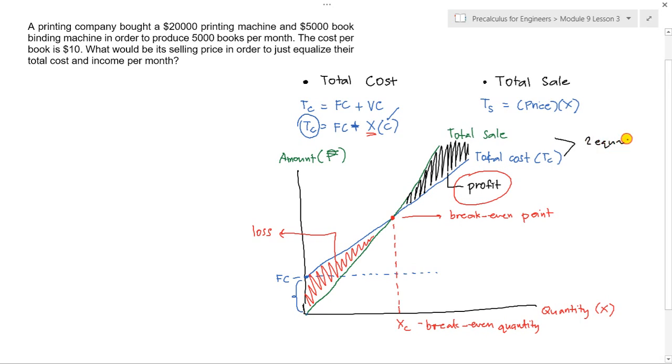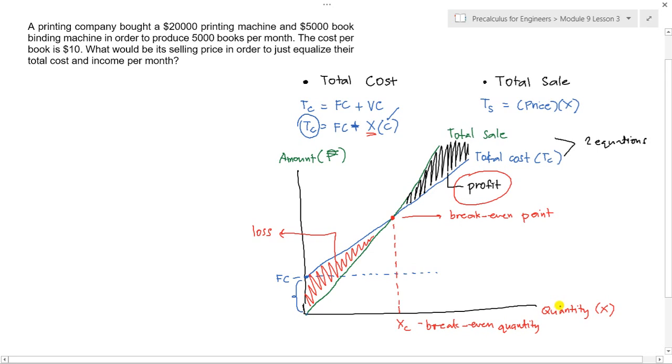In our lesson 1 we discussed simultaneous linear equations in two unknowns. So this is two equations since we have total sale and we also have total cost. Total sale is a function of quantity, and total cost is also a function of the quantity.